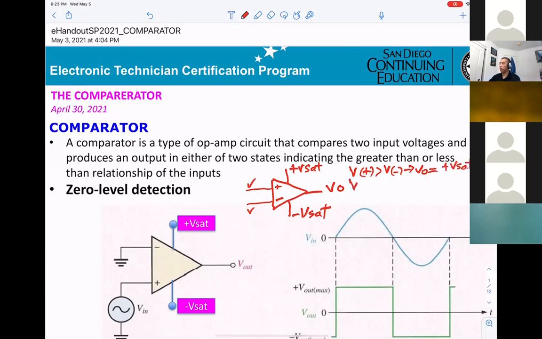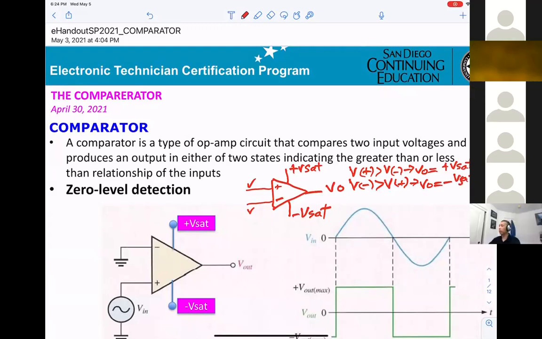And if V at the negative is greater than V at the positive, then V out equals minus V saturation. Very simple.